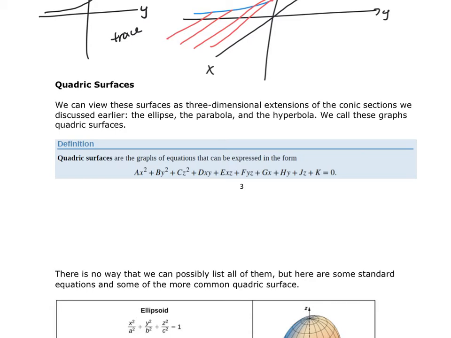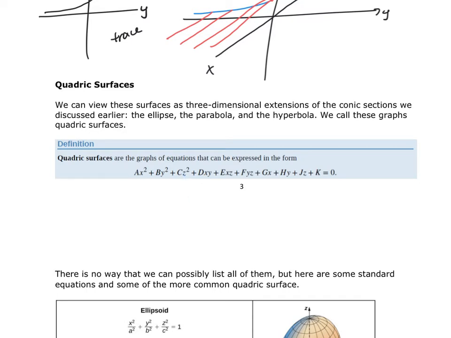Let's talk about quadratic surfaces. Quadratic surfaces are going to go back to the way that we looked at quadratic surfaces in 2 space, but now we have 3 space. I want to make note that the A will belong to the x squared, the B will belong to the y squared, and the C will belong to the z squared. That's different than it is in 2 space.